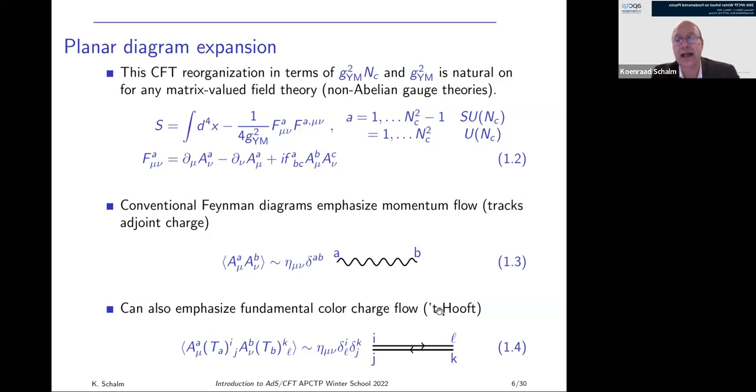However, 't Hooft realized that for these matrix valued fields, you can also track the fundamental color charge flow. Actually, what you simply do is you change basis. As you know, this A is the basis of the algebra. And what you should do is contract this with the generators of that algebra. They're generically matrices.